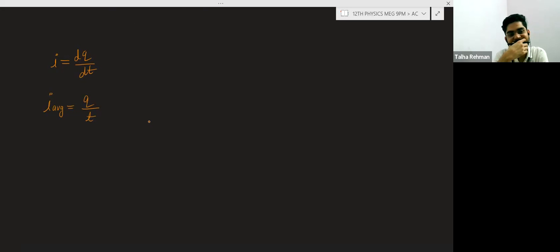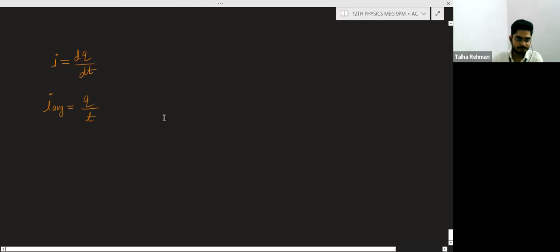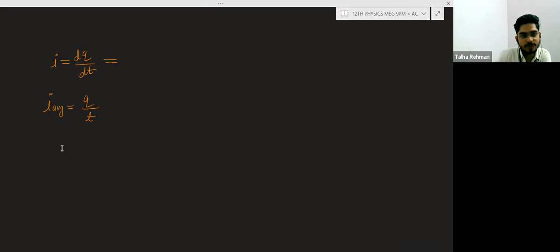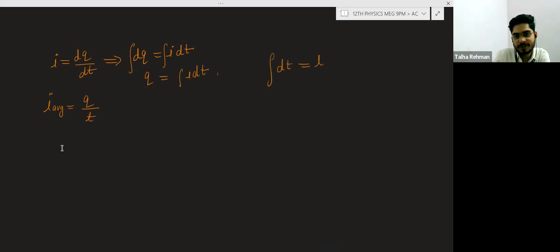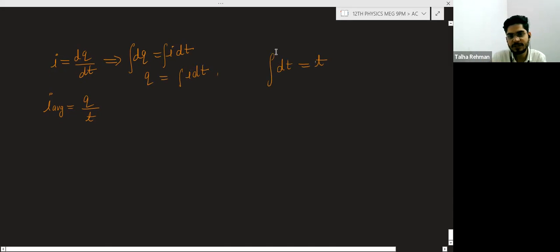From this equation, you can write dq is equal to I dt. If we do the integration both sides, then here we will get q, and here we will get integration of I dt. But one thing you should know, integration of dt can be written as T, because when you add small time intervals, you get this T.